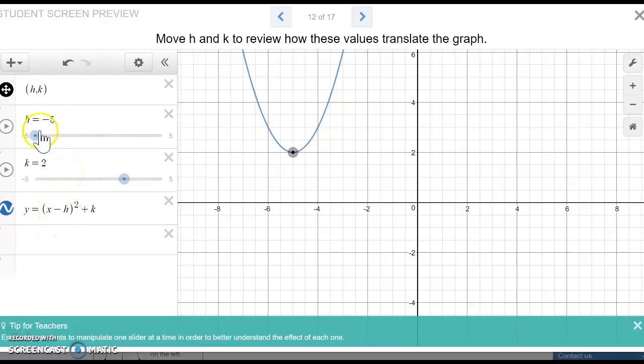So we have to keep that in mind when h is negative. When we write it inside the equation, the sign flips because we have a minus a negative. So this is a common mistake that can be made, and I'll just ask you to be very careful when you're doing these types of problems. So again, k is our vertical shift, h is our horizontal shift.